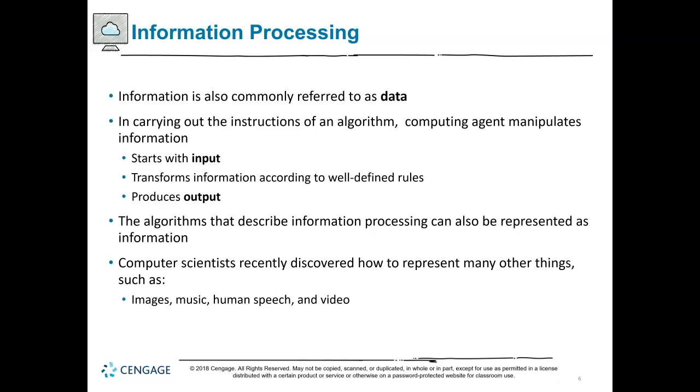Think of a calculator as a good example of that. When I pull up my calculator, I push numbers in, that's my input. It processes them according to whatever I ask it to do, and then I get an output, and it's back on that screen in most cases.